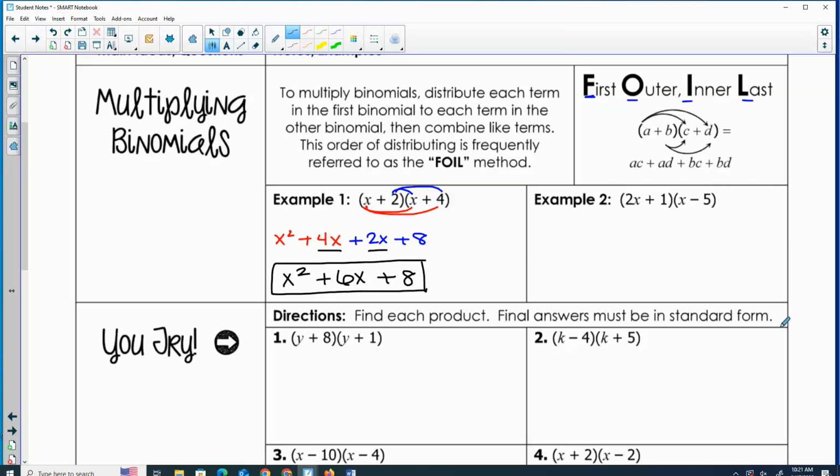So if we look at another one of these together. Our trick to help us remember is FOIL. So we have to multiply the first things together. 2x times x is what?